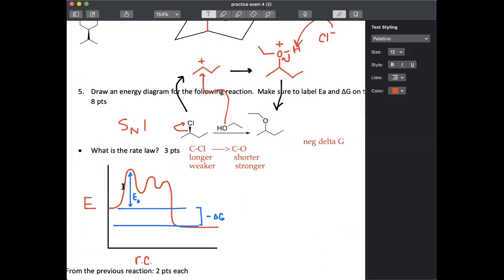The first step is where chlorine is leaving. This is where you're forming the carbocation. So it's going to be the highest, right? You're going to come down and form the carbocation. Then up here is where you have the actual attack happening with ethanol, okay? The attack is going to occur a lot faster than Cl leaving. That's why it's a little bit lower.